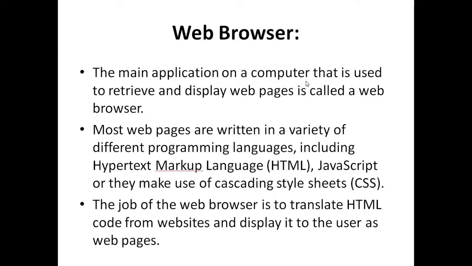Most web pages are written in a variety of different programming languages, including HTML, that is hypertext markup language, JavaScript, PHP, cascading style sheet, CSS, etc. The main job or the main task of a web browser is to translate that code, mainly in HTML, from websites and display it to the user as a readable, legible web page.